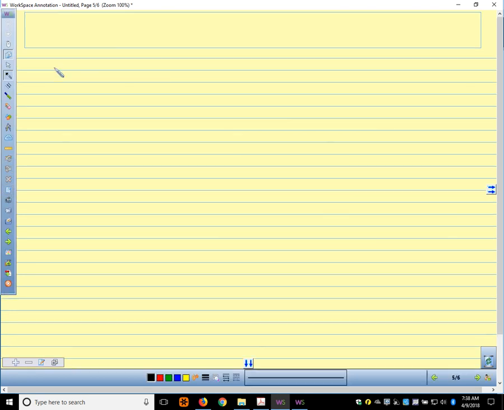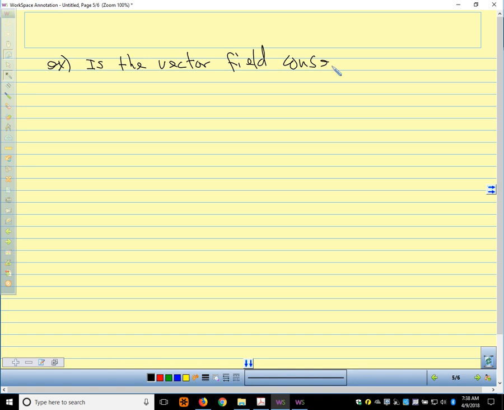So if you were given a question, is this vector field conservative? And if so, find the potential function.